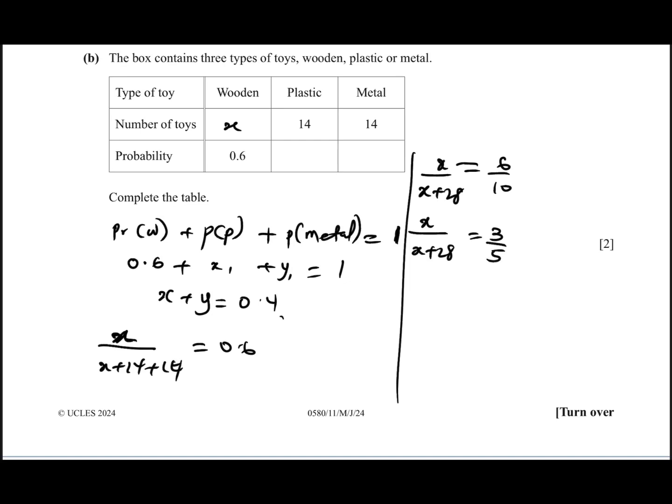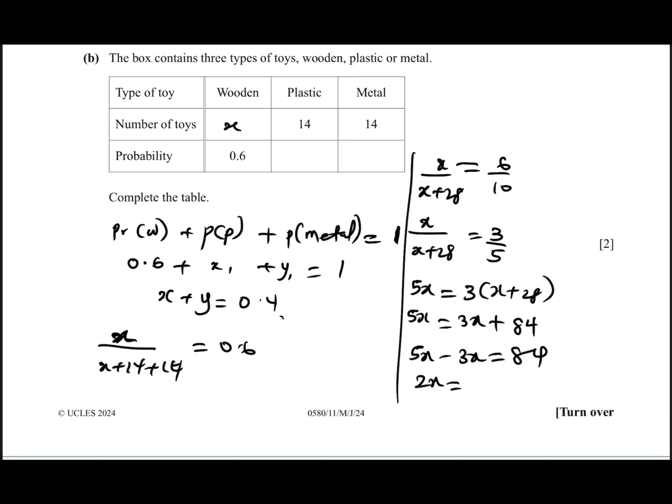Let's cross multiply. That means 5x equals to 3 into bracket x plus 28. If we do that, we have 5x equals to 3x plus 28 times 3, which is going to give us 84. So we take it out. 5x minus 3x is equals to 84, which is 2x equals to 84. x is 84 divided by 2, which is going to give us 42.